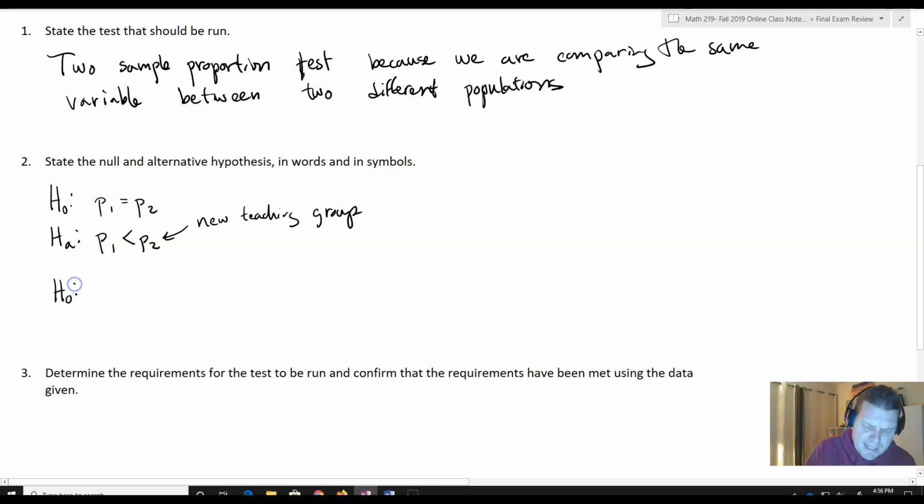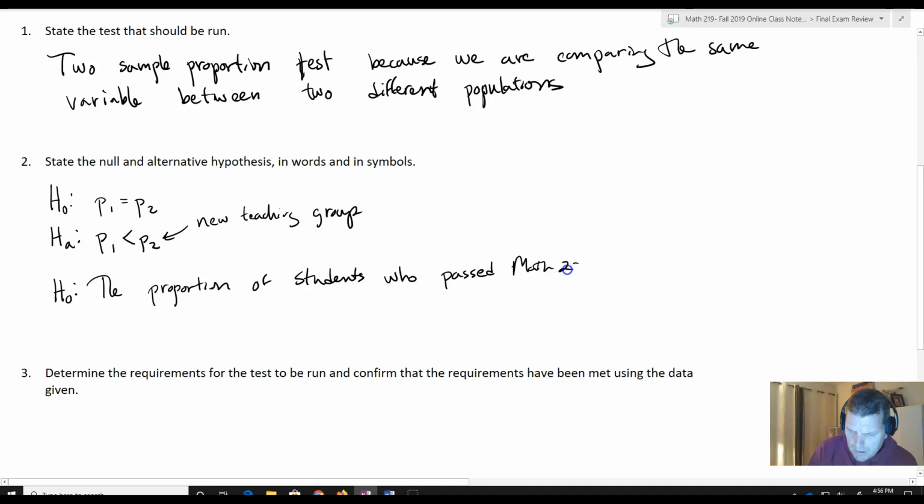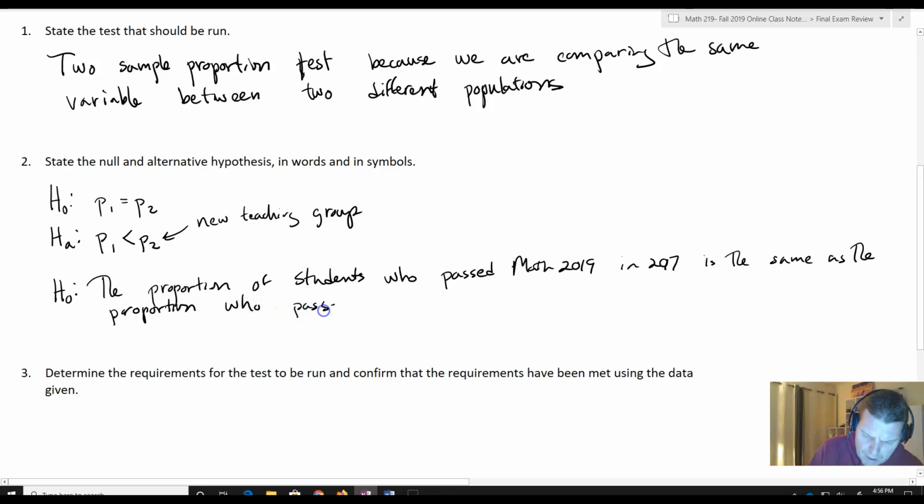Now my H naught in terms of sentences is going to be the proportion of students who passed Math 219 in 2017, that's the first group, is the same as the proportion who passed in 2018. Notice that I actually define who it is, right?